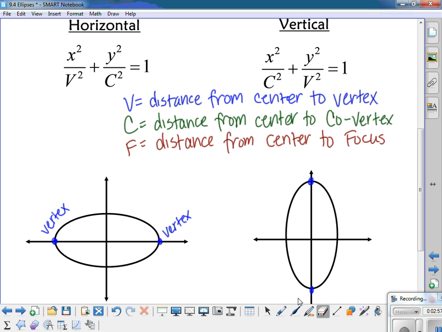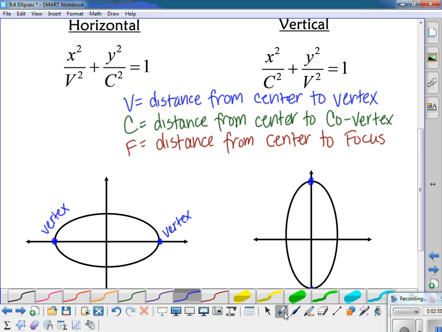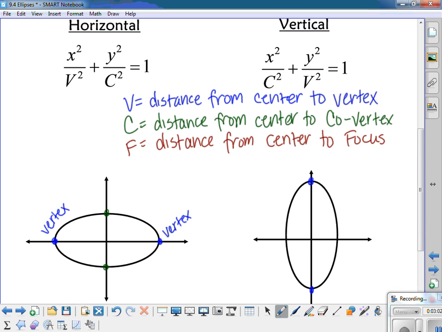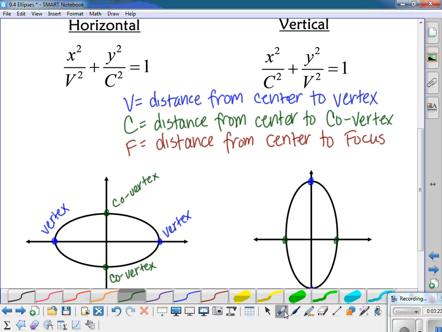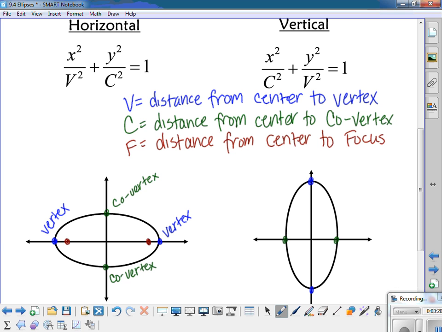Then the co-vertices are the other points on the other side. So that's a co-vertex, and that's a co-vertex. And on my vertical one, they would be right there. The focus is on the same axis as the vertices. So my foci would be here on the horizontal one, or here on the vertical one.